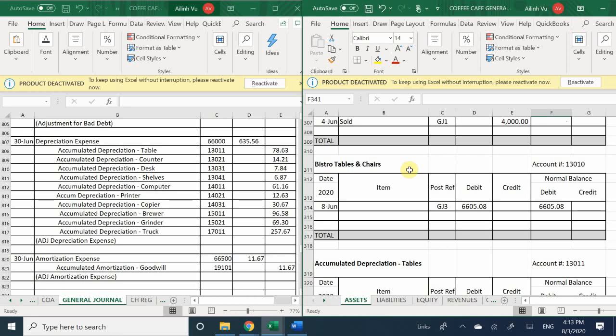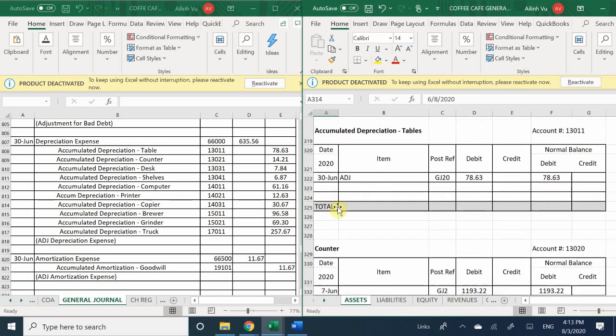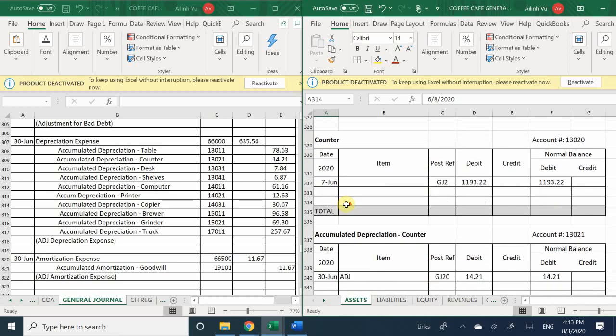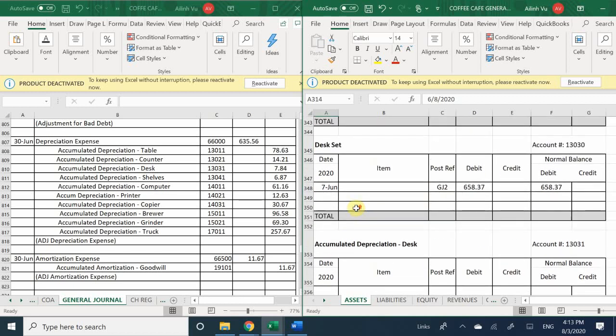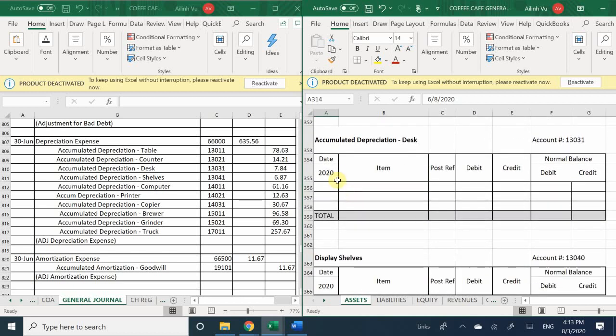Okay, so the first account that we see is accumulated depreciation table. Okay, continue. Counter. Okay, so my accumulated depreciation for counter is $14.21. Adjustment, General Journal 20.